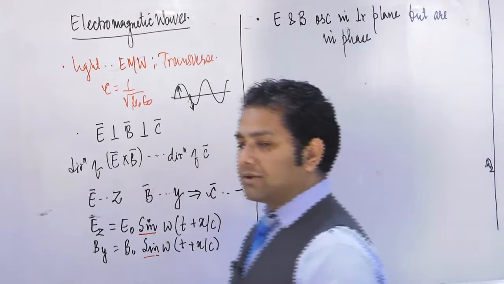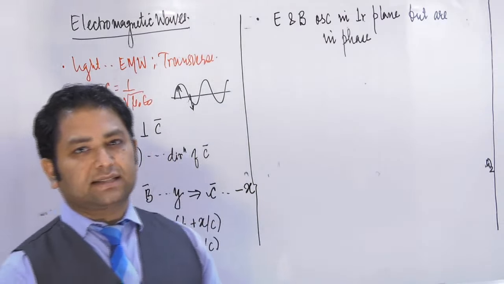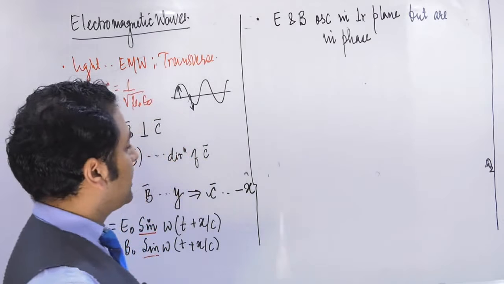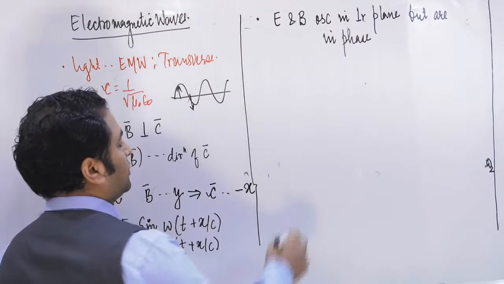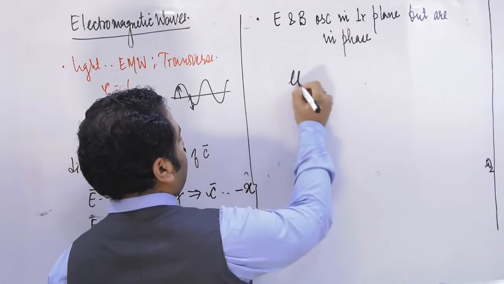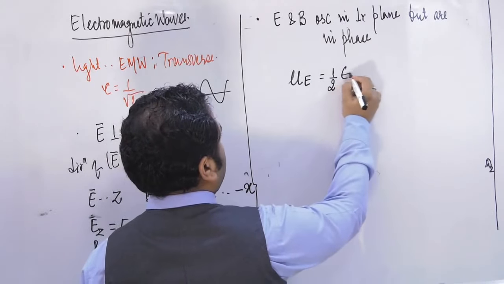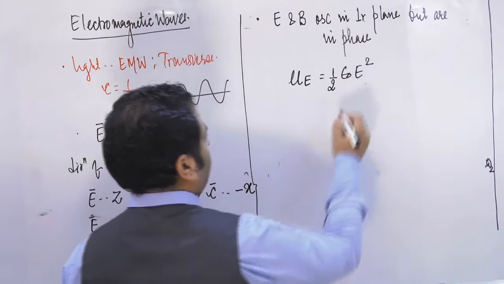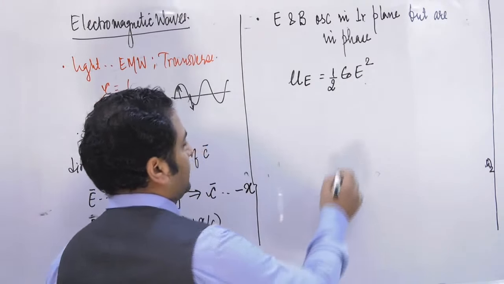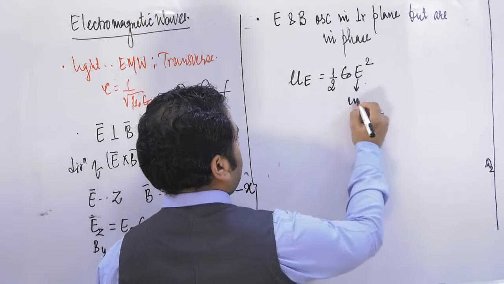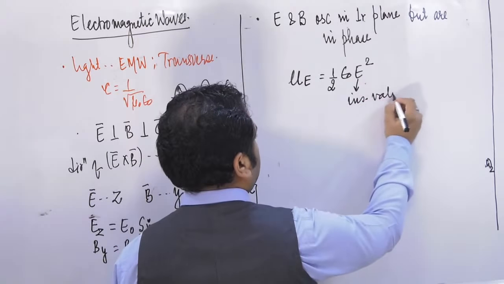Another thing about electromagnetic waves, let's discuss. If you talk about electric energy density, that is 1/2 epsilon naught E square. Remember, this E is simply the instantaneous value.